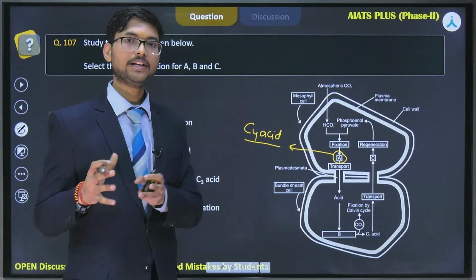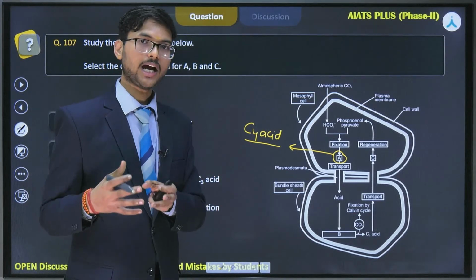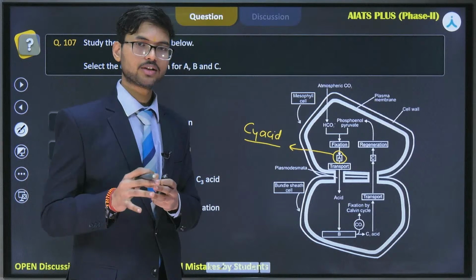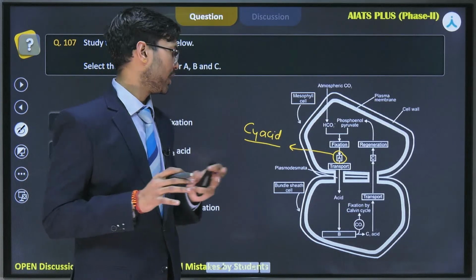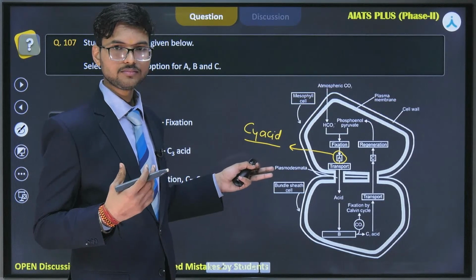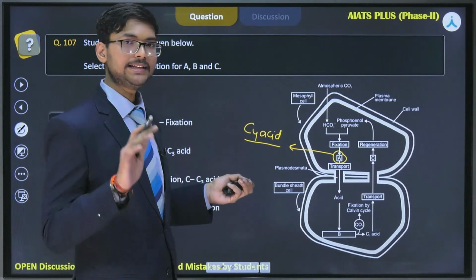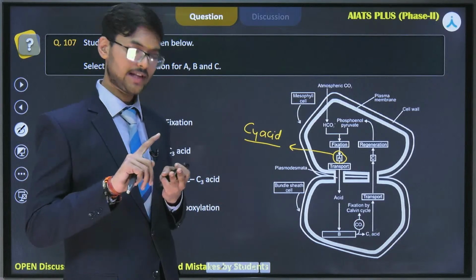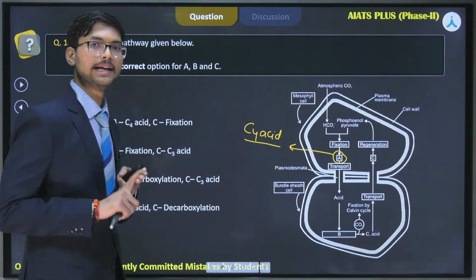Then in case of the Calvin cycle or C3 pathway, the first stable product will be how many carbon molecules? Yes, it will be C3, it will have 3 carbon molecules, that is 3-phosphoglycerate.